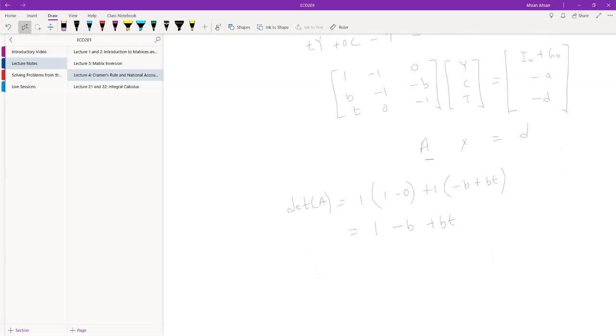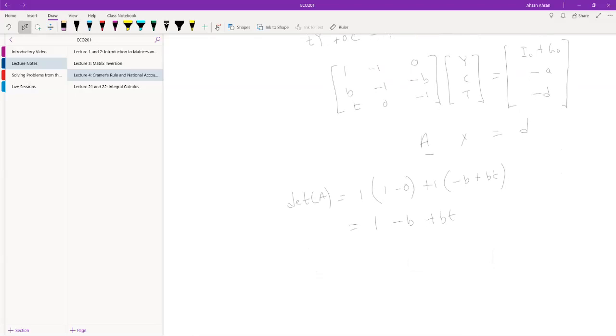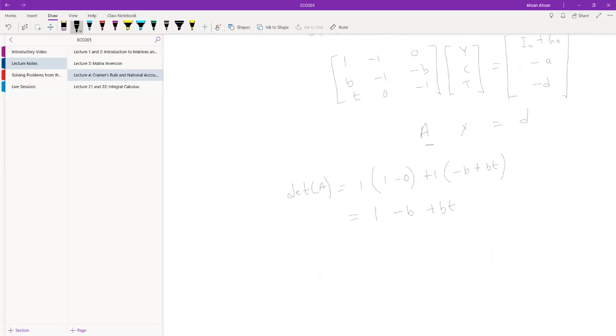And now what I want to do is calculate the values of Y, C, and T. So to calculate Y, C, and T, first I have to calculate AY, which will be I naught plus G naught minus A minus T. This is AY.